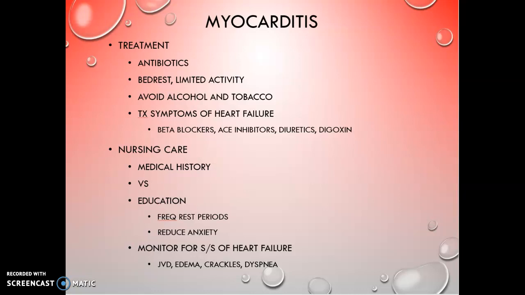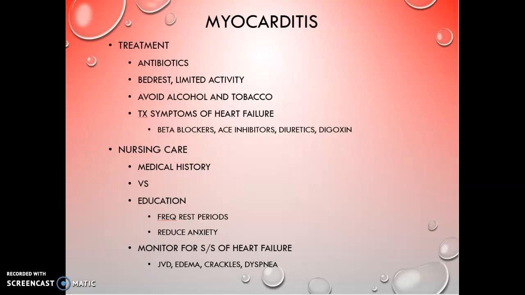We really want to watch the medical history when we're dealing with these kinds of disease processes, because if they don't have documented valve problems or an artificial valve, we have to figure out what is making their heart so weak and threatened. So knowing their history, giving them education, and figuring out what brought this on is very important so that it doesn't happen again.